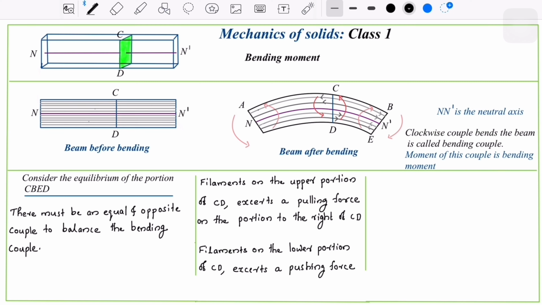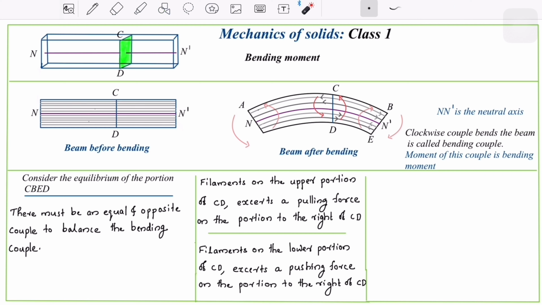If this happens, then the direction of the torque on the cross section CD will be anti-clockwise, and the direction of this torque is opposite to the torque that is responsible for the bending. Here we are speaking about the cross section CD where the restoring couple is created.